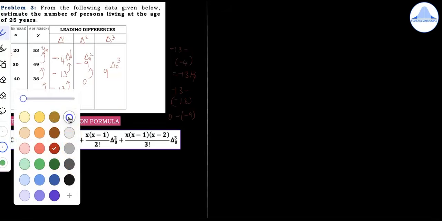Now let us substitute all the terms in the formula, and before that the most important step is to calculate the value of x. So after you write Newton's interpolation formula, you write where x is equal to, now see what is the value which is given in the problem. So it is 25.